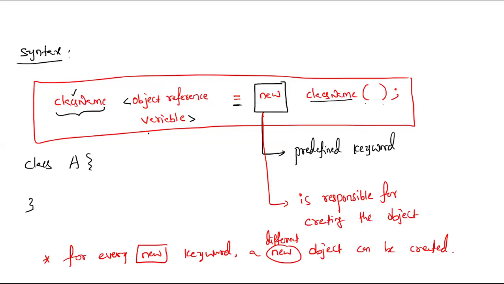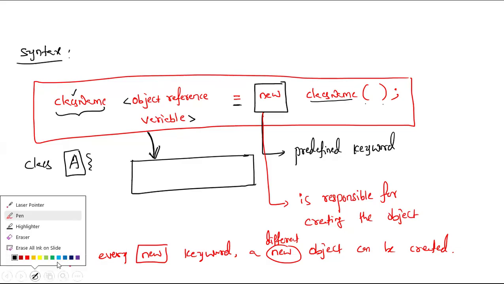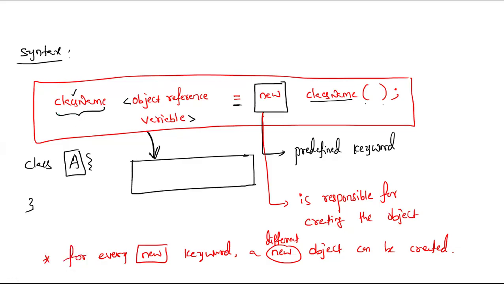But just by using this syntax, how do we create the object for this class? Please tell me. For this class called A, by using this object syntax, how to create the object is my question. First, what should we use? Class name. What's the class name? A. So A we have to use.